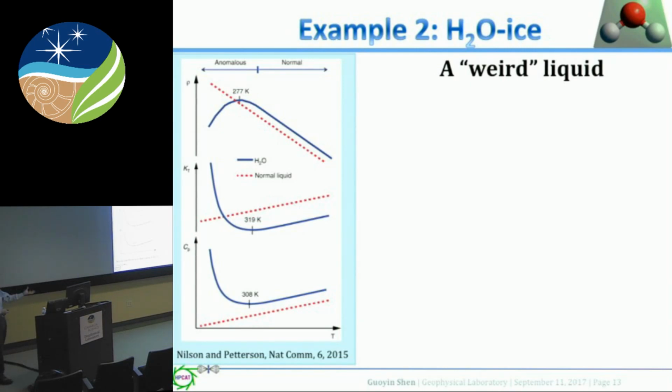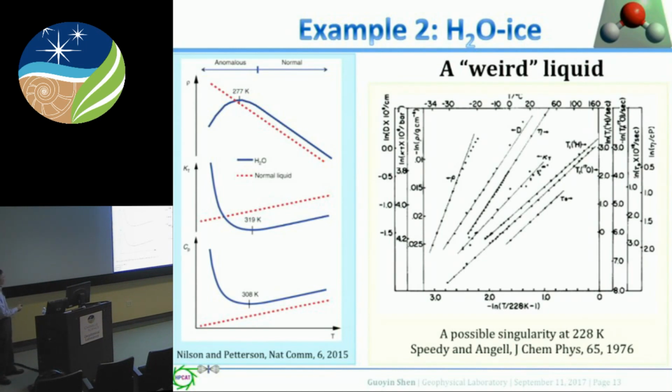So one is density, one is entropy, and they all display anomalous behavior. It's widely accepted that water is abnormal, and it cannot be simply explained by thermal fluctuations and so on. It's a very unusual liquid.